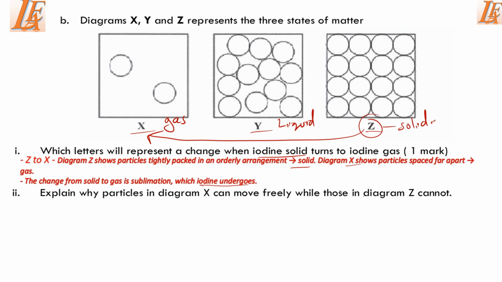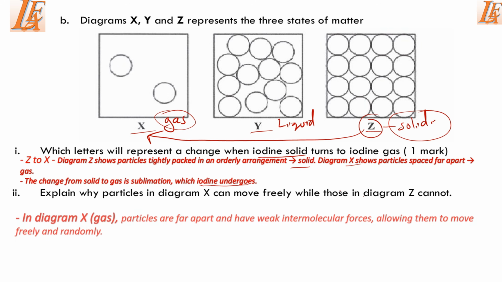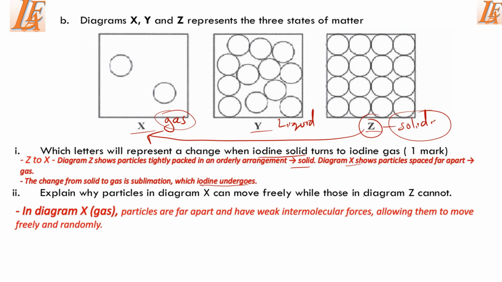Then the second question: explain why particles in diagram X, that is in gases, can move freely, while those in Z, that is in solid, cannot. So in this case, in diagram X, that is in gaseous state, particles are far apart from each other and they have what we call weak intermolecular forces, and this allows them to move freely because they possess high kinetic energy.